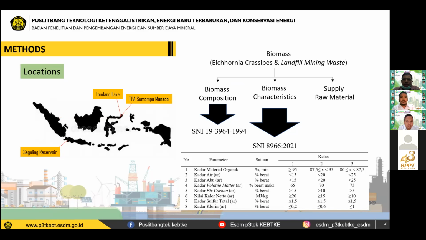Our research center has also analyzed the characteristics of biomass from municipal waste in Sumompo in 2018. We chose Sumompo landfill, assuming that this landfill has similar characteristics to the condition in Minahasa or the area of Tondano.